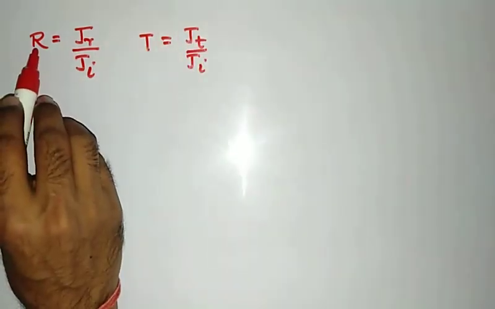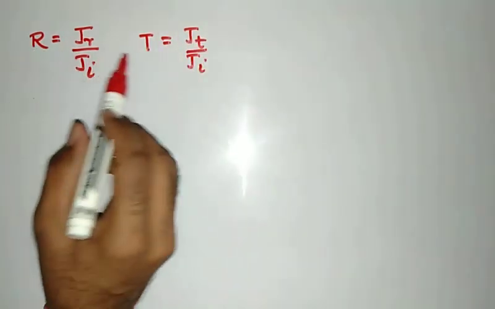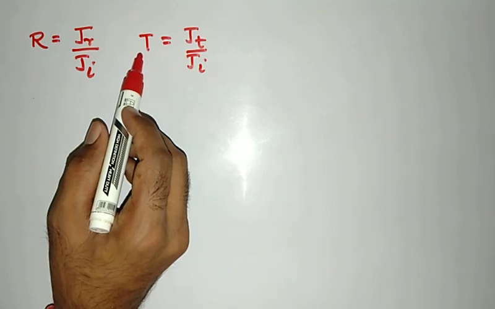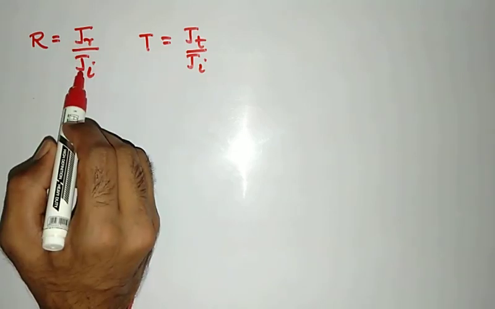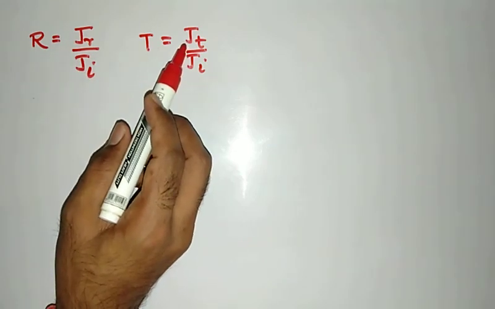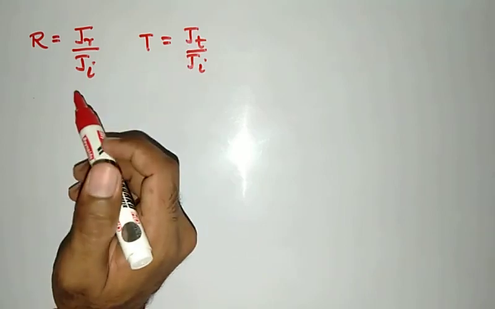This is the quantum mechanical reflection coefficient and quantum mechanical transmission coefficient, the ratio of reflected and incident beams, and this is the ratio of transmitted and incident waves.